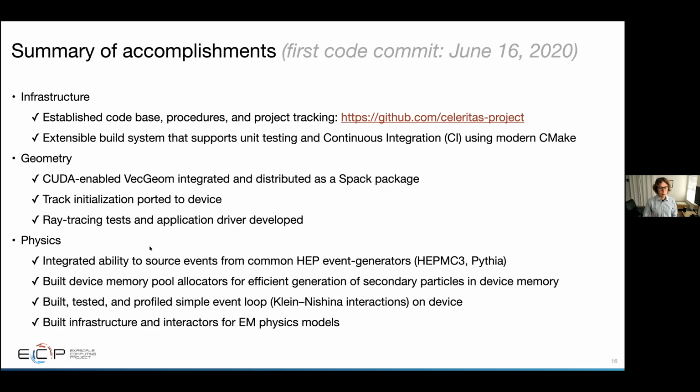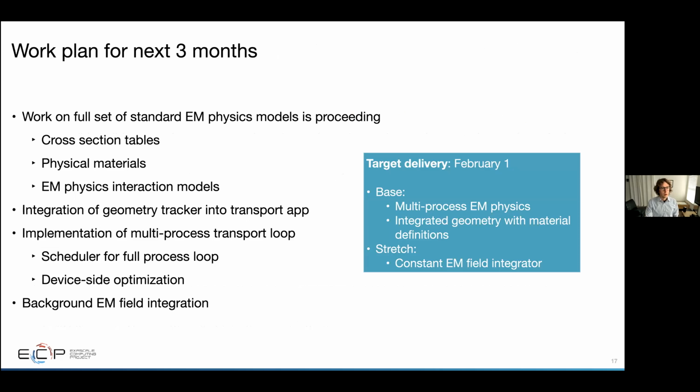We've got our working and highly performant on-device allocators for generating secondary particles and hits. We've got our interaction kernel that I showed earlier, and then we've got the framework in place, as I mentioned, to get more EM physics models up and running quickly. Oh yeah, and this is all since about June, which is when our first code commit was.